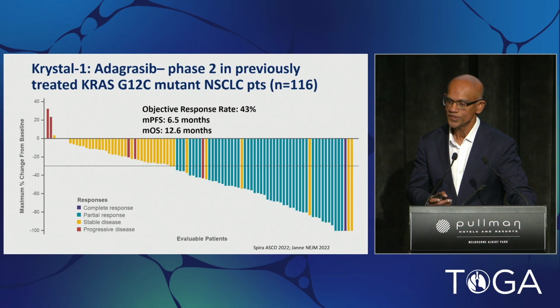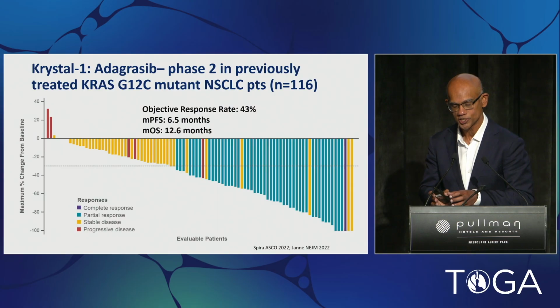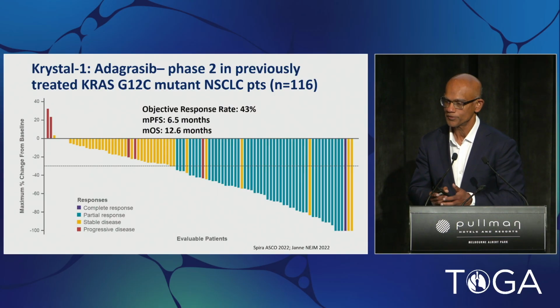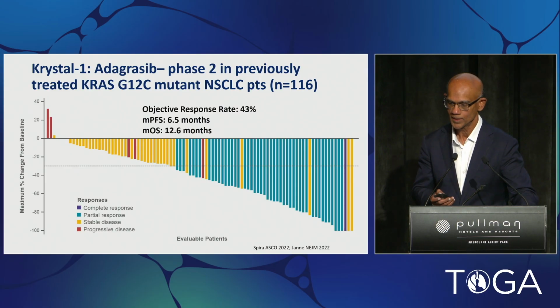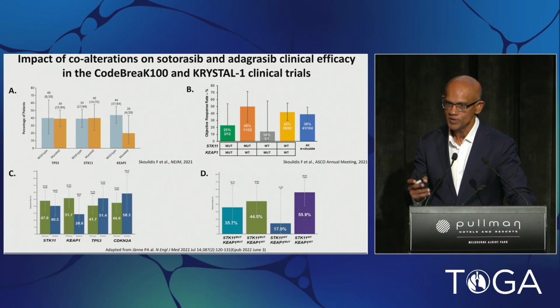We see similar results with another G12C inhibitor called adagrasib, and we can probably consider sotorasib and adagrasib as the first generation of G12C inhibitors. We see a response rate of around 40%, median progression-free survival of 6.5 months. But even within this subset of G12C mutation, we recognize that there's molecular heterogeneity, and there are co-mutations that occur along with the KRAS mutation that might be important in influencing degree of response and durability.